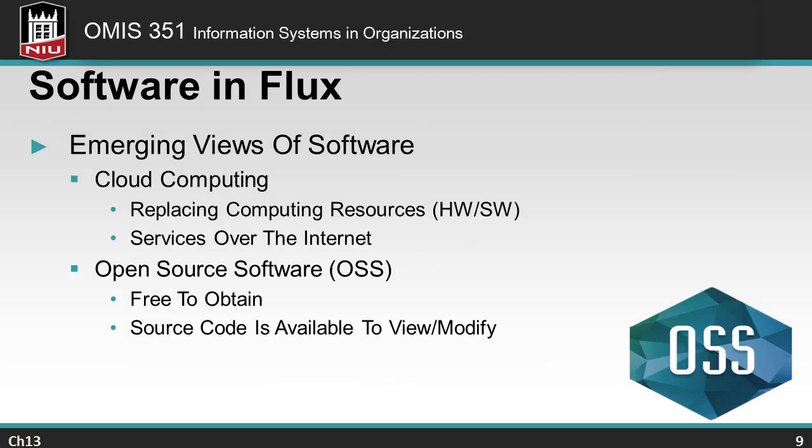Next, we have seen the growth of cloud computing. Cloud computing is replacing local computing resources, hardware and software, with services available over the Internet. At the same time, open source software may be downloaded for free with available source code enabling you to create custom versions of the code for your use and redistribution.